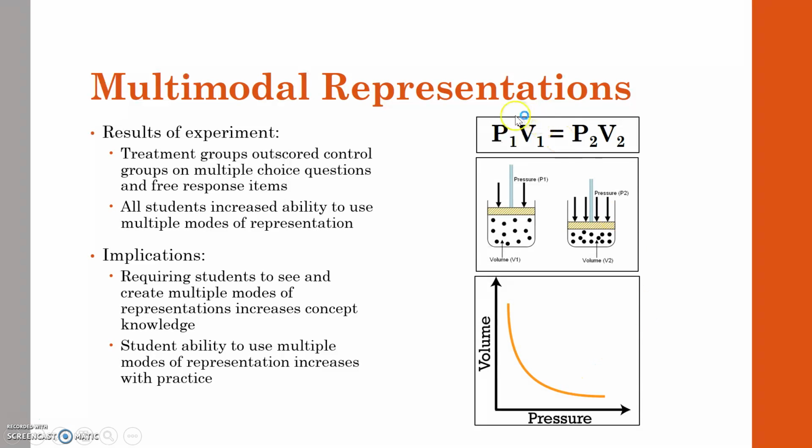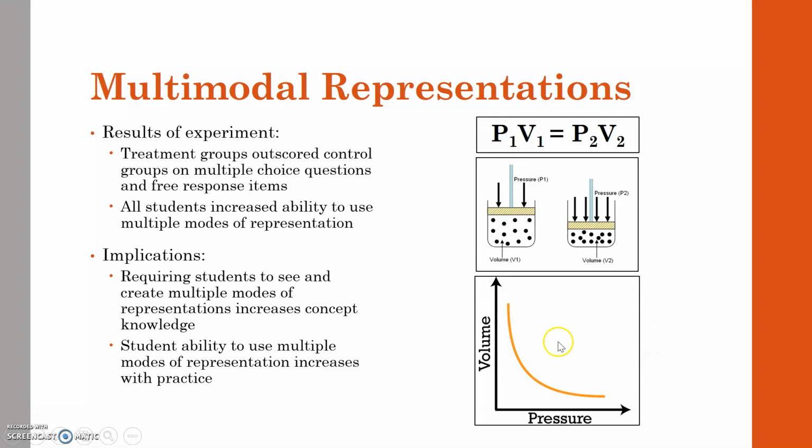So the image I provided to the right is something that I think most chemistry teachers would both want and expect their students to understand in terms of Boyle's law. So the first image is a representation of the mathematical relationship between pressure and volume. The second image is a drawing showing that if we increase the pressure, then we decrease the volume.